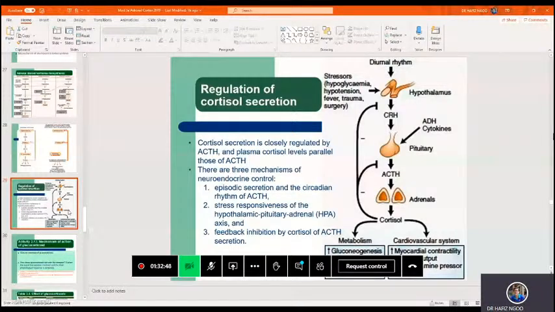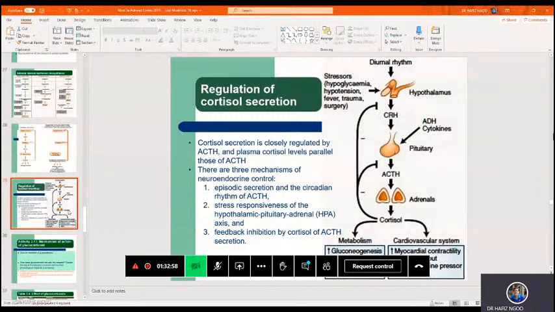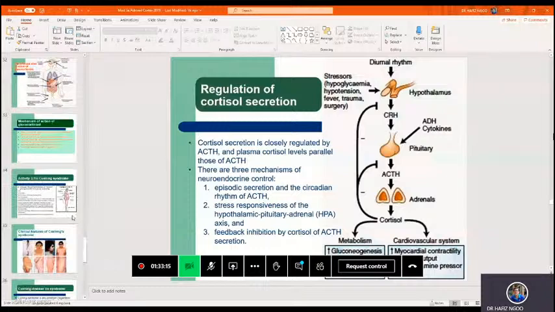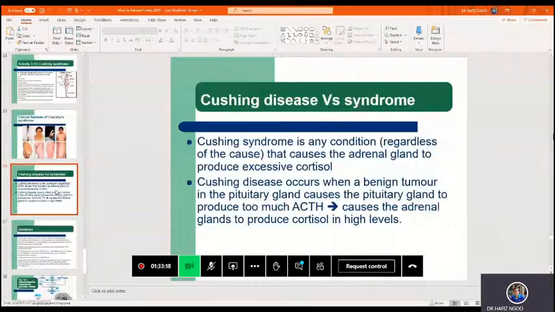That means anything that can cause an increase in cortisol level is known as Cushing syndrome, either from an external source or internal production. But primarily when there is an increase in cortisol specifically due to the pituitary, that means due to increased ACTH, that means there's a tumor that releases too much ACTH from the pituitary, then you call that Cushing disease.